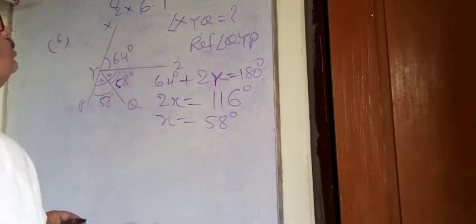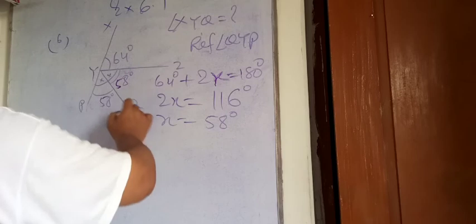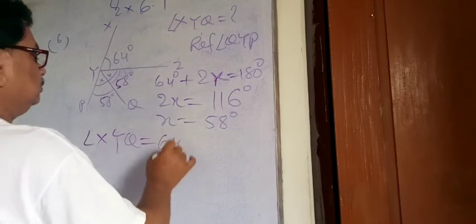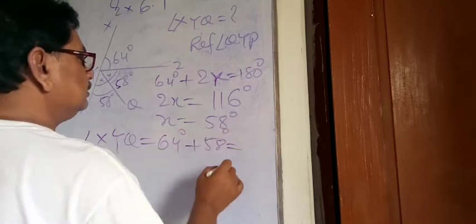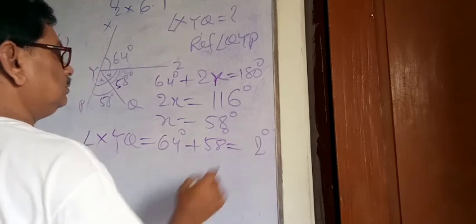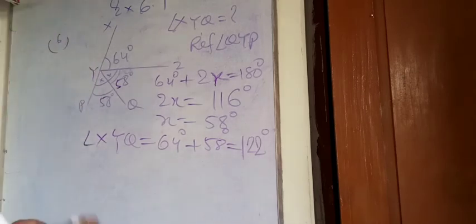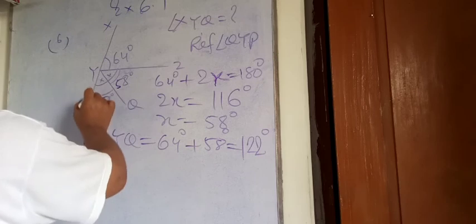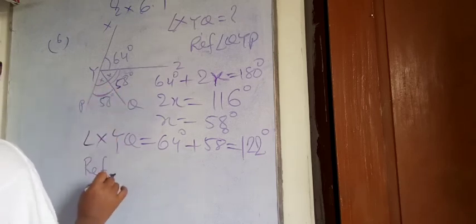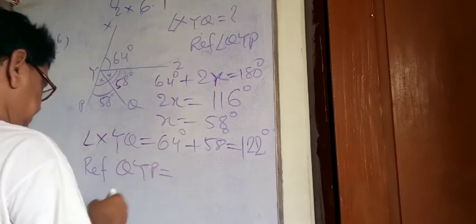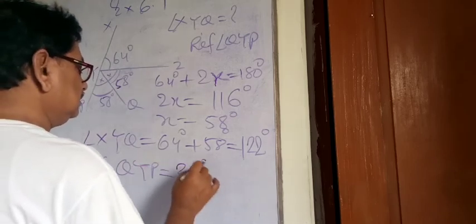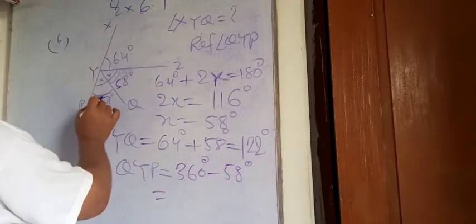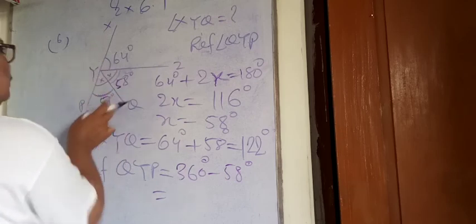Both are here. So we have to find out XYQ. XYQ means what? XYQ will be equal to 64 degree plus 58 degree equal to 122 degree. Next thing, reflex QYP. QYP, yes, this one. So reflex QYP will be equal to 360 minus 58 degree, because QYP is 58 and reflex is the whole thing excluding this one.